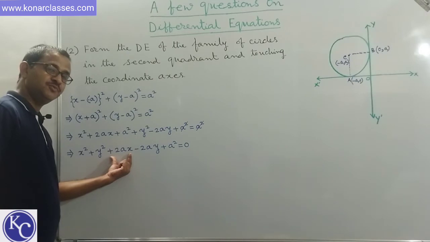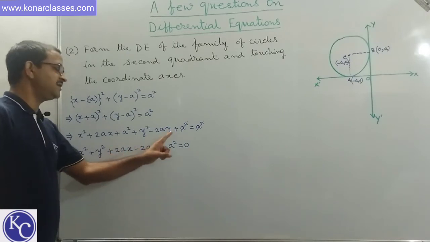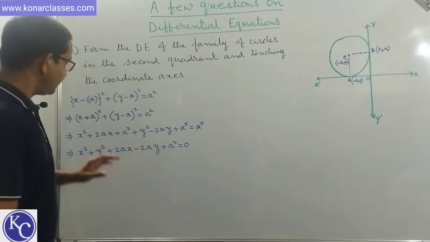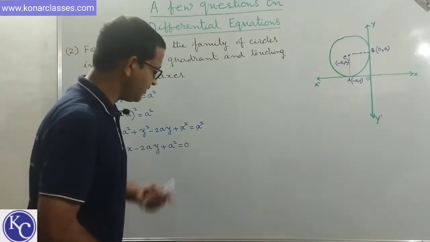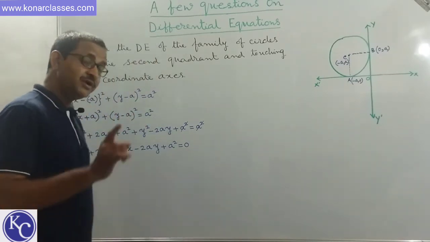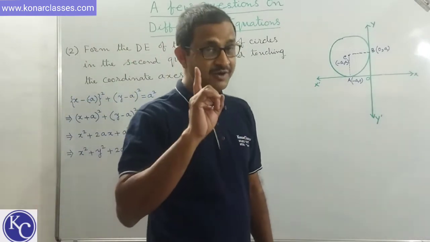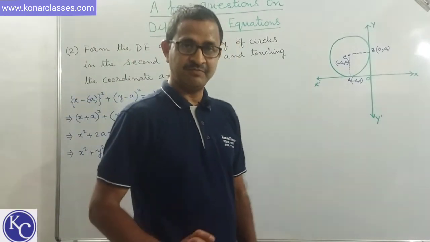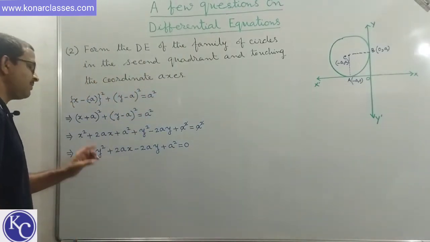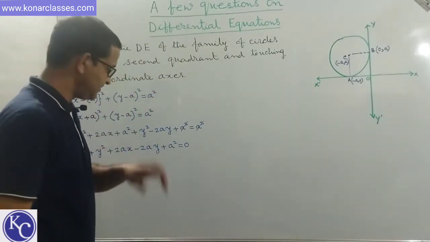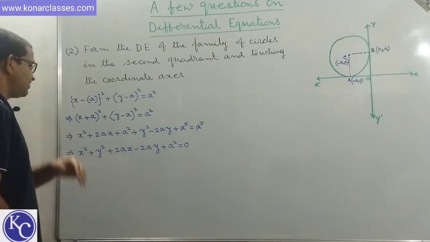So what we need to do? We need to eliminate this arbitrary constant a. How many arbitrary constants are there? Only one arbitrary constant, that is a. That means the corresponding differential equation is going to have order 1, correct? So now let's proceed towards that.